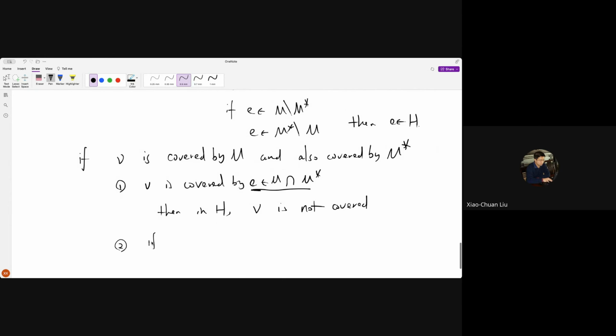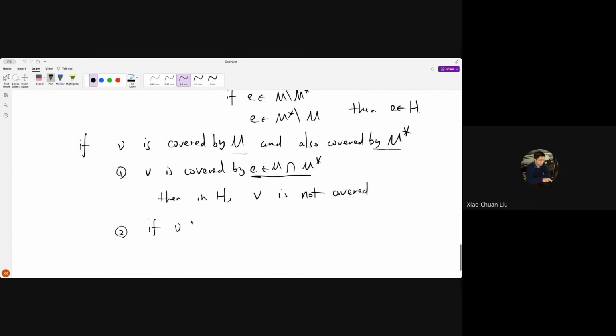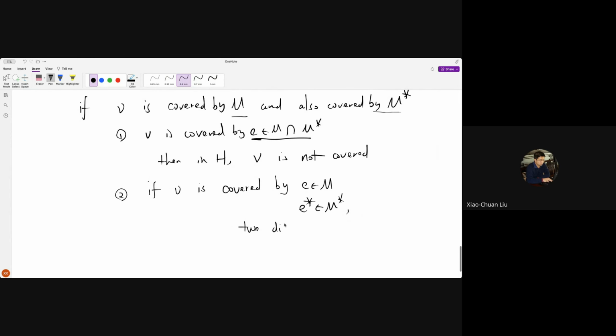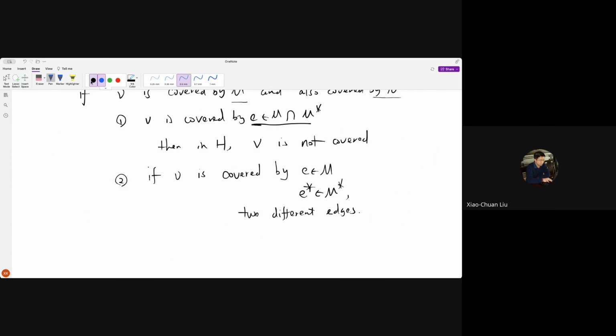Again, for this situation where V is covered by M and also covered by M star, but V is covered by E in M and E star in M star, two different edges, then in H, V is covered and its degree is 2.